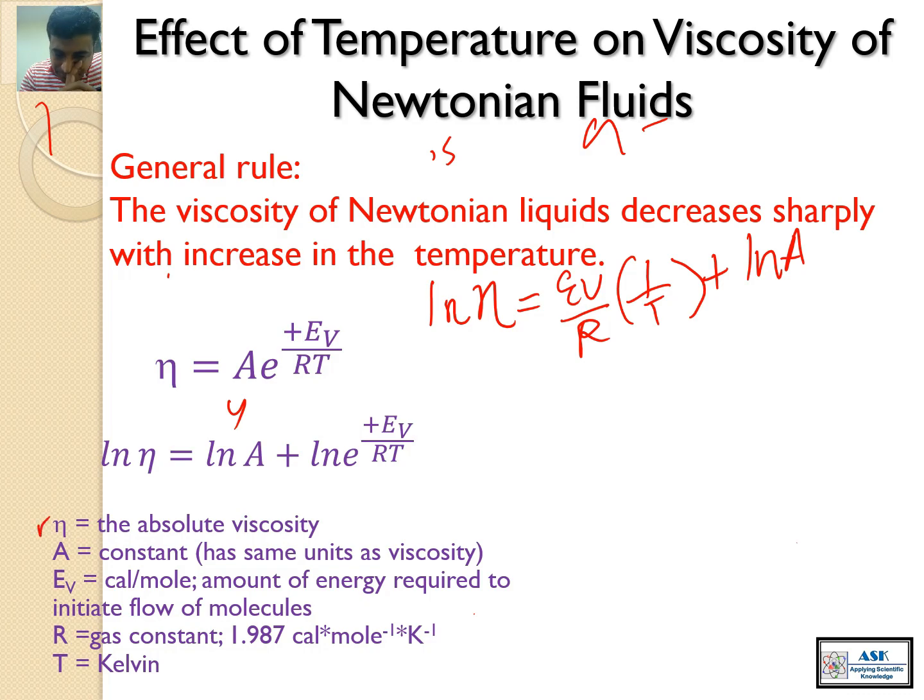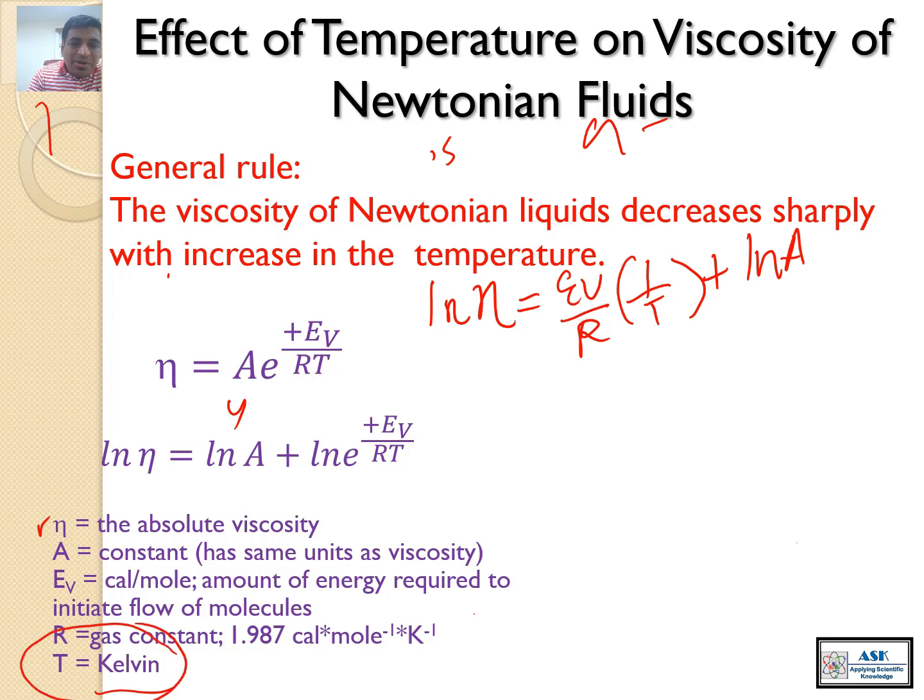Eta is the absolute viscosity. A is the constant. Ev is the activation energy, in calories per mole, the amount of energy required to initiate the flow of molecules. R is the universal gas constant, 1.987 calories per mole Kelvin. And temperature is in Kelvin.